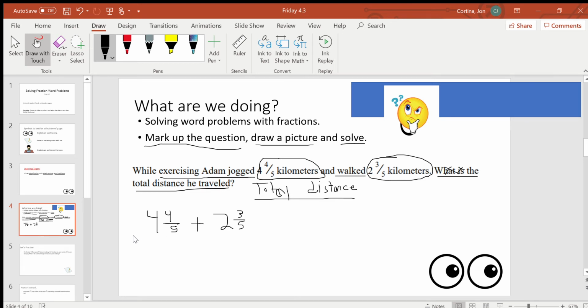So we're going to start by separating our wholes and our fractions. So 4 4/5 is the same thing as 4 plus 4/5, and 2 3/5 is the same thing as 2 plus 3/5.